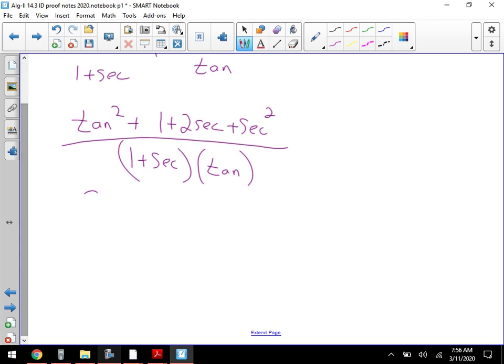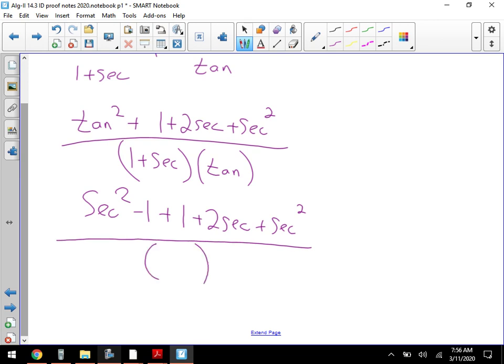So I have secant squared minus 1 plus 1 plus 2 secant plus secant squared, all over. I'm just going to leave it like that for right now. It won't be able to simplify out because of all the other addition parts there. What I would do now is combine my like terms. Then I can get terms to factor.